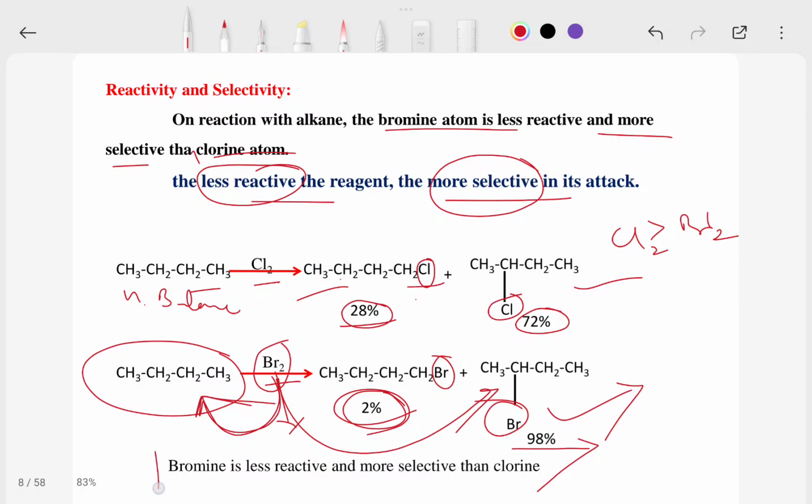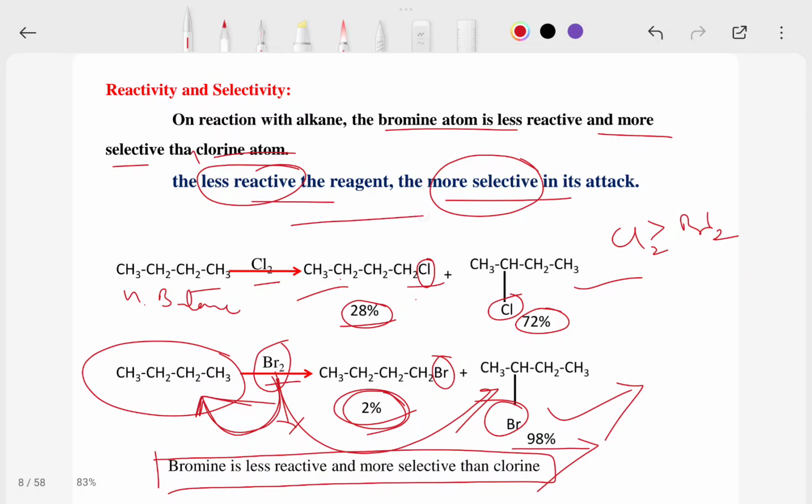Here bromine is less reactive and more selective than chlorine because of the electronegativity and reactivity of the compounds. Simply, chlorine is more reactive and bromine is less reactive. More reactive compounds have less selectivity, and less reactive compounds have more selectivity.